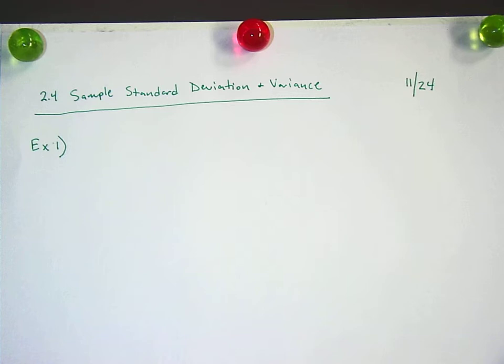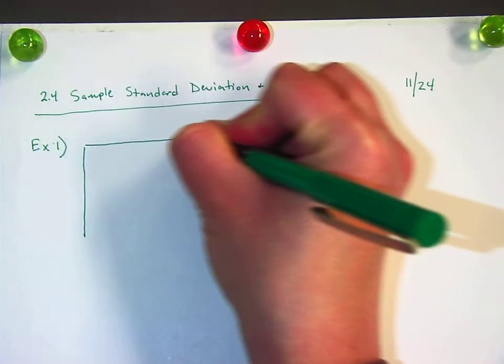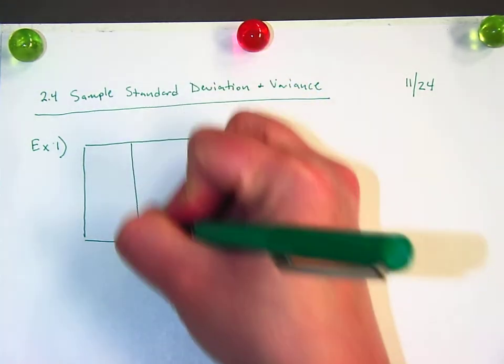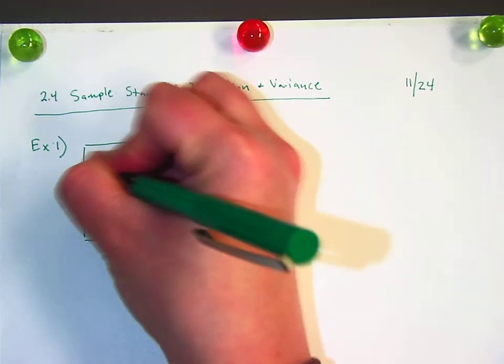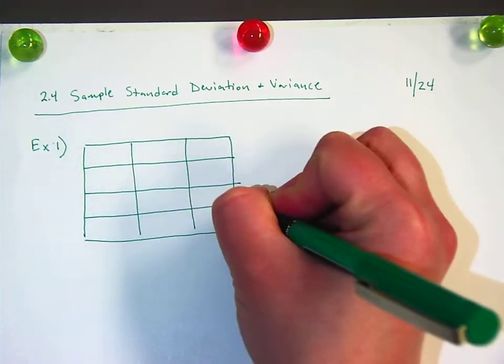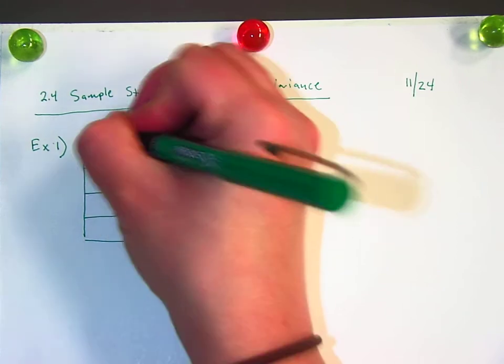So let's say that we have 4 numbers. Okay, and this is a sample, not a population.